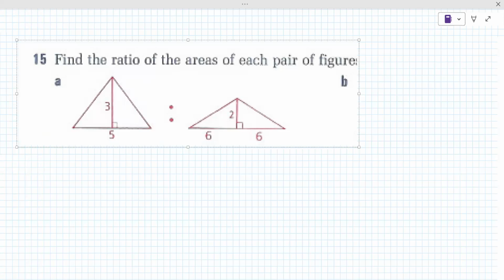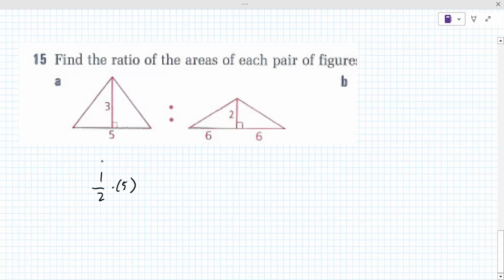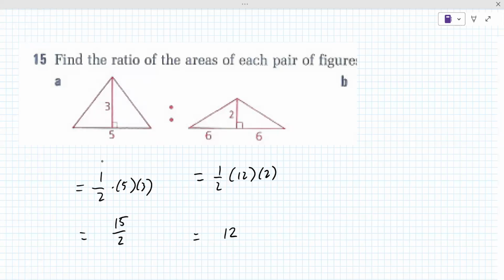So triangle on the left, 1/2 base times height, 15 over 2. 1/2 base times height. So that on the right would be 12, I believe. Now, what is not stated is whether you go from the one on the left to the one on the right. I guess they're using this colon to do it that way.